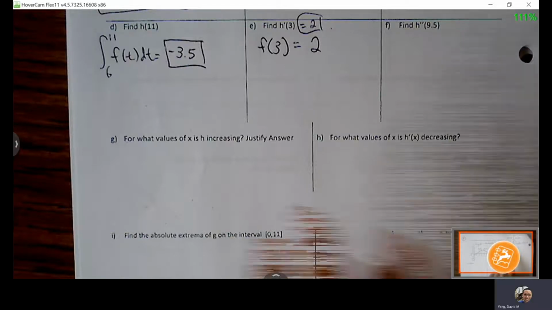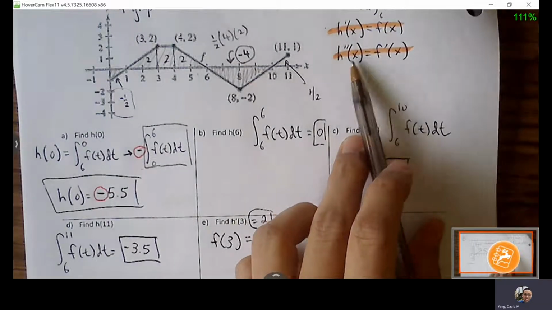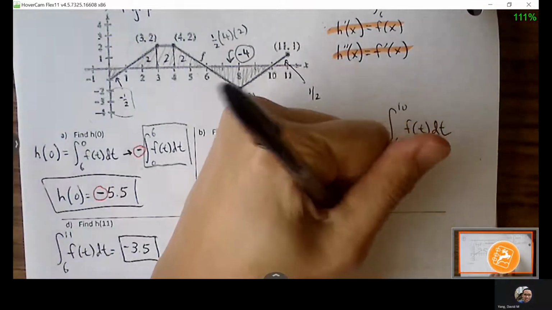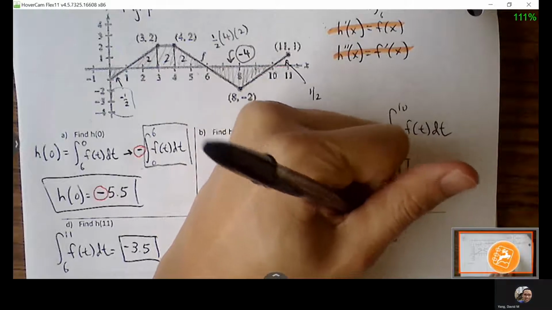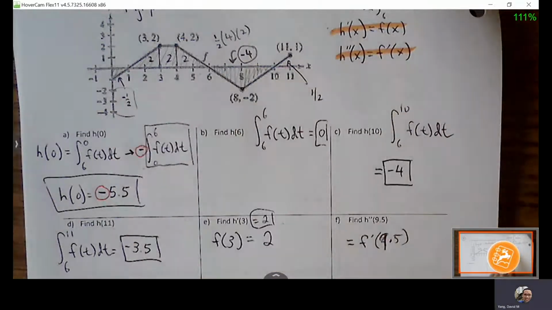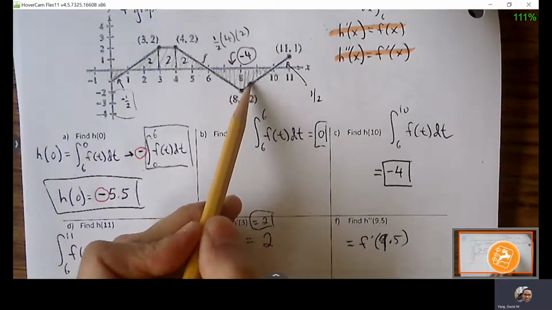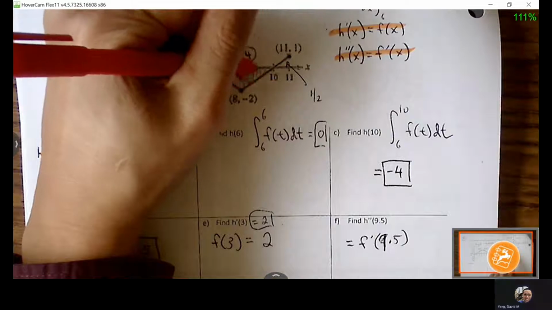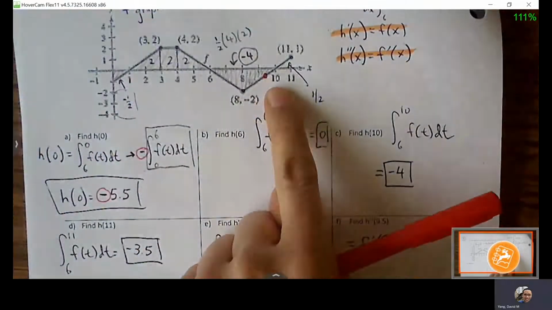Okay, next up, find h double prime of 9.5. We know h double prime is talking about f prime of 9.5. So 9.5 is somewhere here. That feels like an odd thing to do, having to deal with a decimal value. But is this asking for the point?